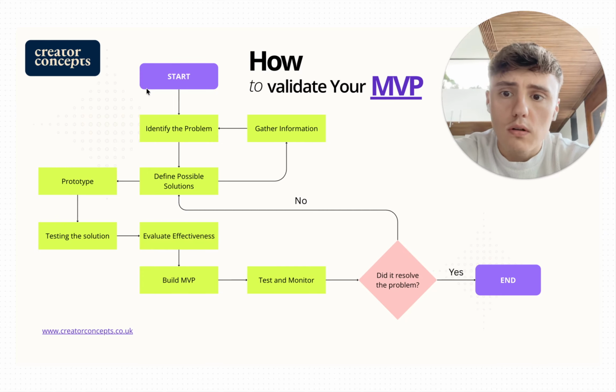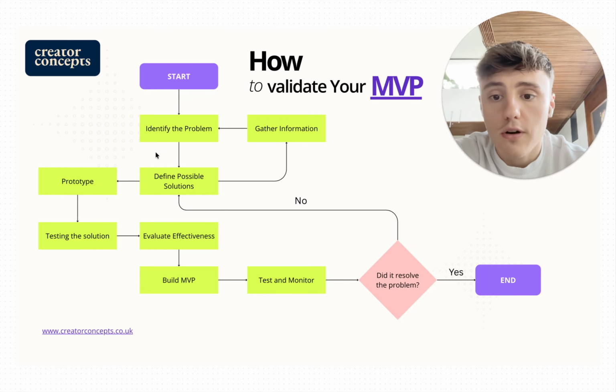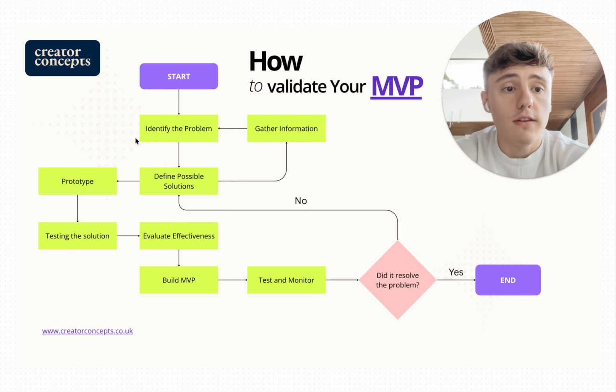So once you've identified the problem, you then need to consider possible solutions and define possible solutions for that particular problem. You need to try and understand if there's any solutions on the market already, potential competitors.